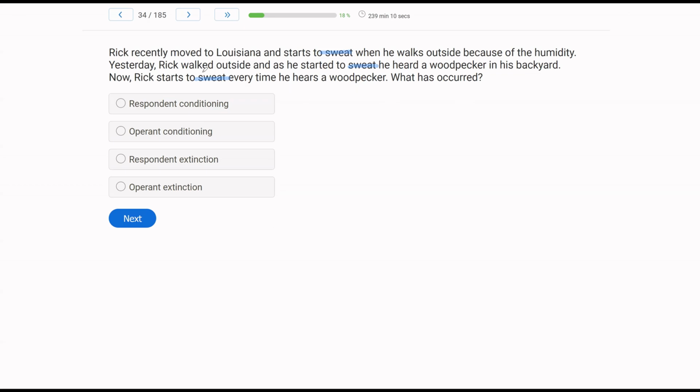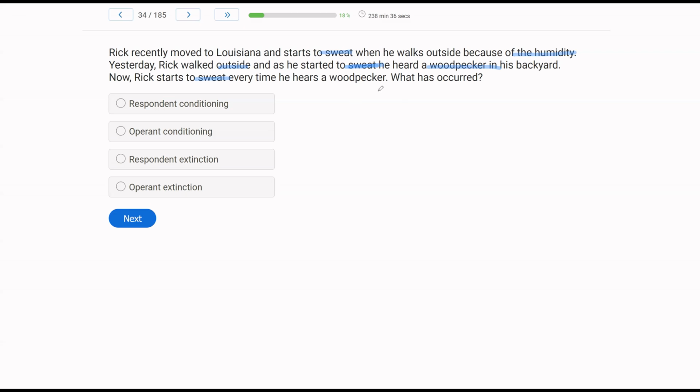And so if you have a situation where Rick starts to sweat because of the humidity, that's going to be unconditioned, right? The humidity is the unconditioned stimulus. The sweat is the unconditioned reflex. Then Rick walks outside, starts to sweat, which is the unconditioned reflex, and it pairs with this neutral stimulus of woodpecker, or the outside pairs with the woodpecker, I should say. And so now, when Rick hears the woodpecker, what has occurred?